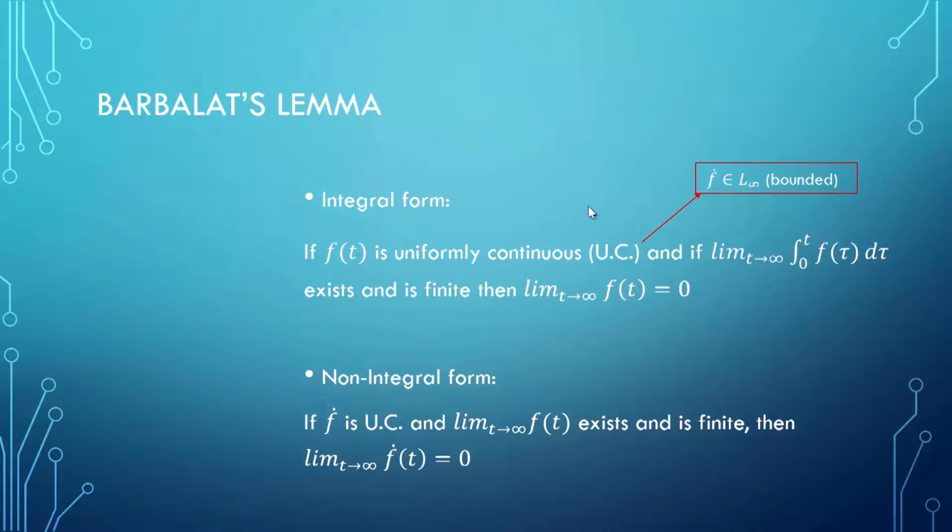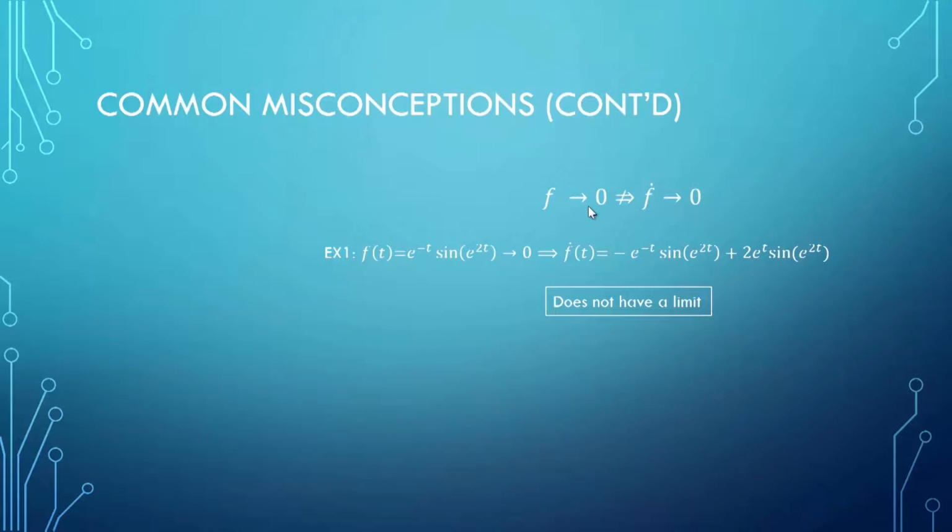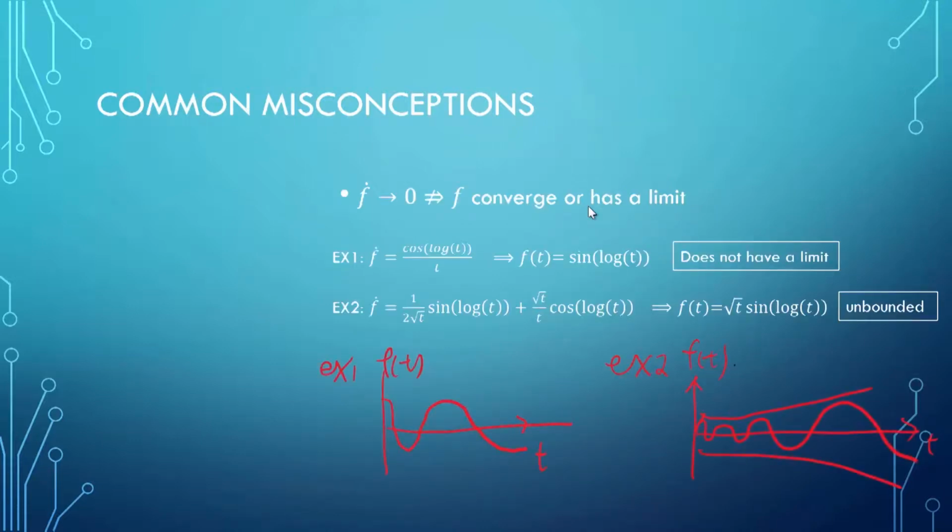F dot has to be uniformly continuous, and the limit of f exists and is finite. So the previous misconception doesn't have these conditions. Why is it not uniformly continuous? Uniformly continuous means the time derivative of this function exists.